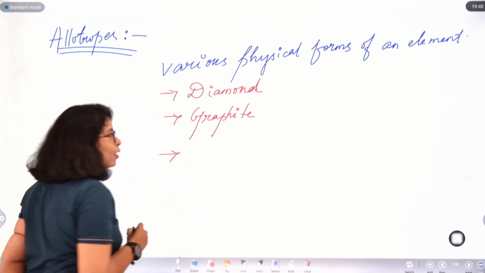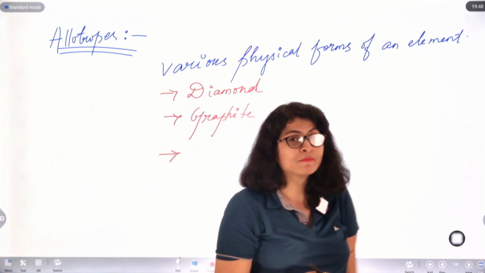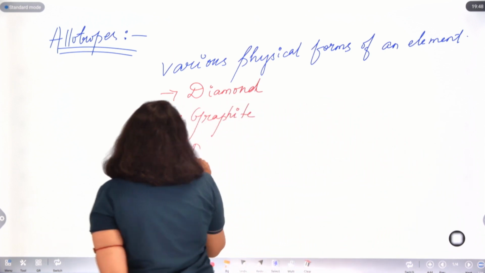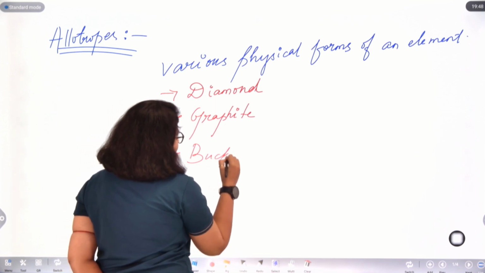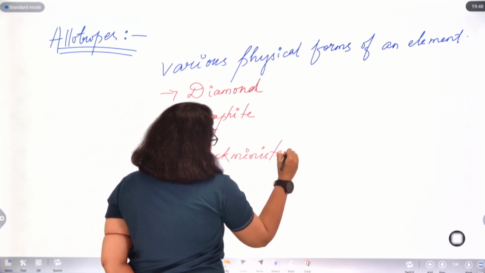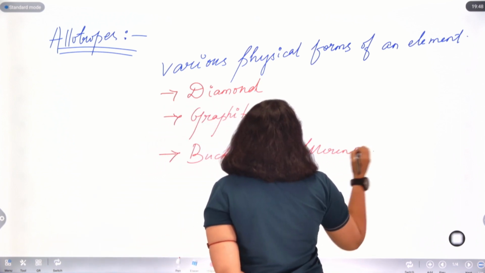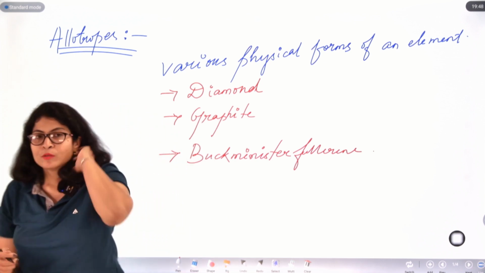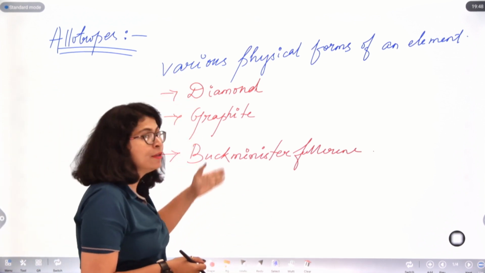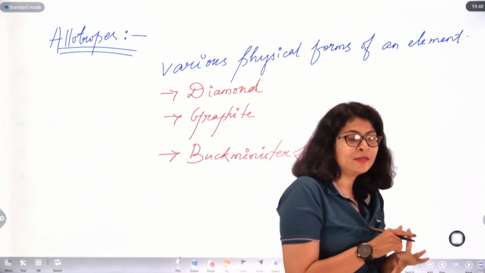Lastly, we have heard about this person in our previous lectures of chemical bonding, like we started our chemical bonding from this, and that is Buckminster Fullerene.